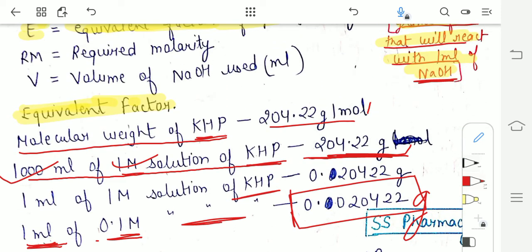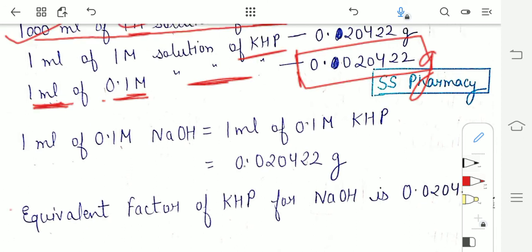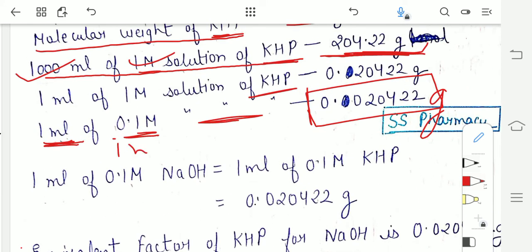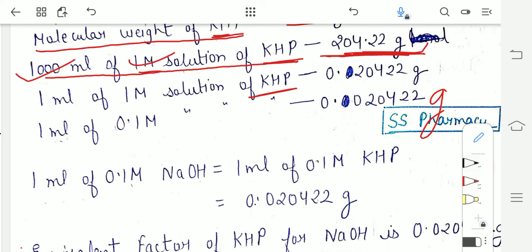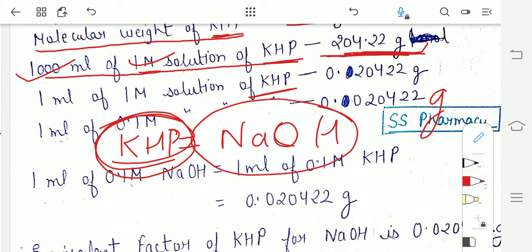When we said we have to calculate the equivalent factor, we said that the equivalent factor is the grams of potassium hydrogen phthalate that will react with 1 ml of NaOH. We know that 1 ml of potassium hydrogen phthalate will react with 1 ml of NaOH, and we have already calculated how many grams are there in 1 ml of potassium hydrogen phthalate. That means that many grams of potassium hydrogen phthalate will react with 1 ml of NaOH.